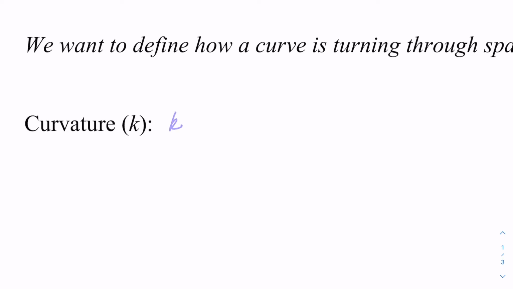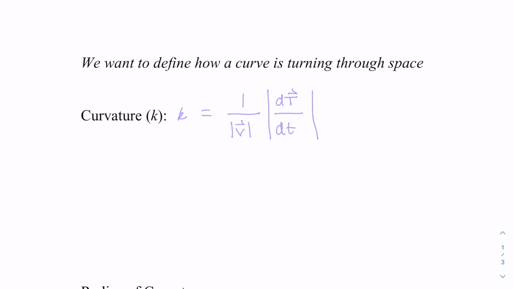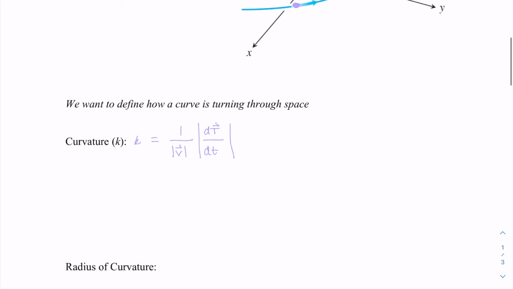The formula for kappa is equal to 1 over the magnitude of velocity times the magnitude of the derivative of the unit tangent vector, dT/dt. So that is basically 1 over speed, times the magnitude of the derivative of the unit tangent vector.